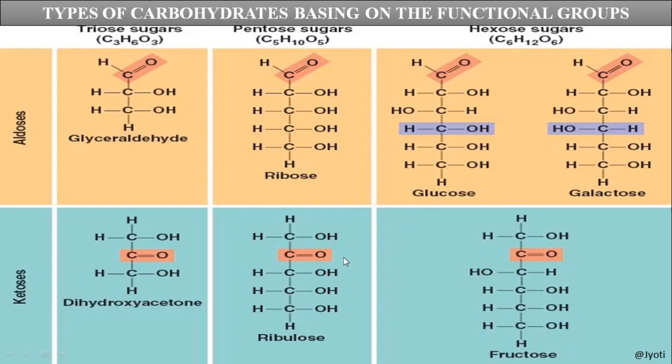So a ketone group is attached to a polyhydric alcohol. That's why they are known as ketoses. The examples are dihydroxyacetone, ribulose, fructose. Many other examples are also there, but these are the common types of aldoses and ketoses.